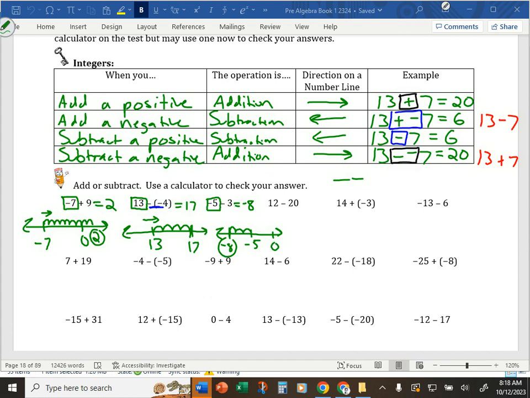Sure. Negative 4 minus negative 5. This first number is where you start. So on the number line, I'm just going to plop negative 4 in there. 0 would be over here, just as kind of a reference point there. What's between the numbers? Between the numbers, I have minus negative. What operation is subtracting a negative? Or which direction on the number line is subtracting a negative?